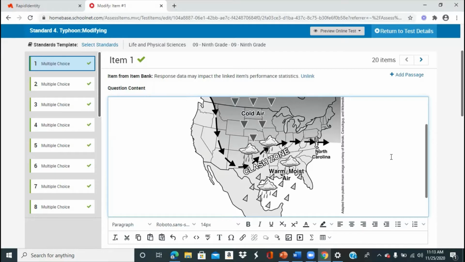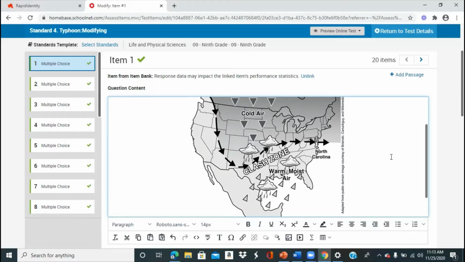You have to rule out all the distractors that say warm air, because the map is showing that the cold air is moving towards the states near North Carolina. If you see any warm air option, that should not be a good option to choose. Instead, you're going to focus on the options that show cooler air.